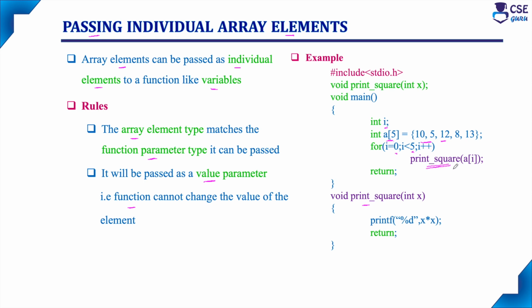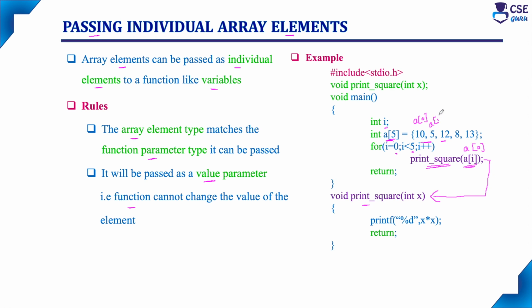Once the user-defined function is called, control is transferred to the user-defined function. The array value it will take from the a[0] location. We already know a[5] is the array declaration, where 5 represents the total number of elements in the array, starting from a[0]. In a[0], the value 10 will be stored.